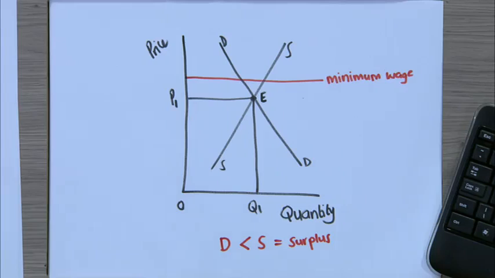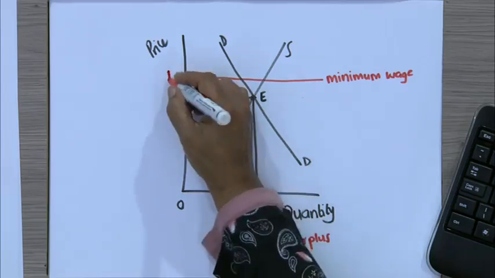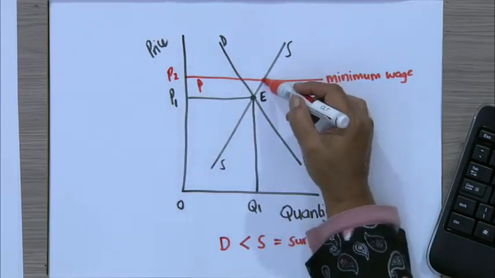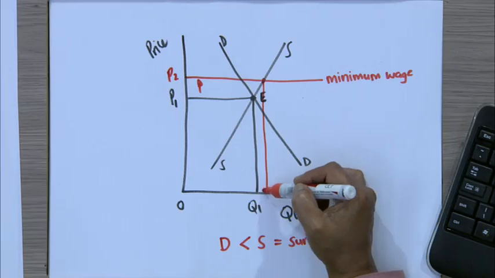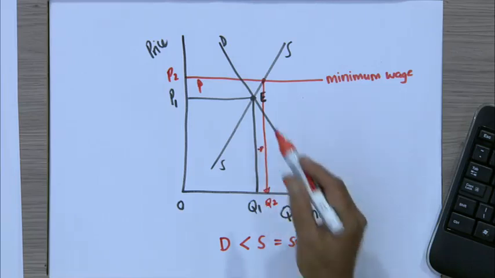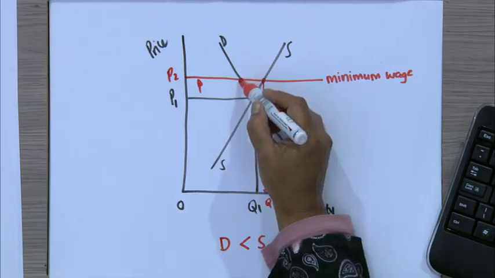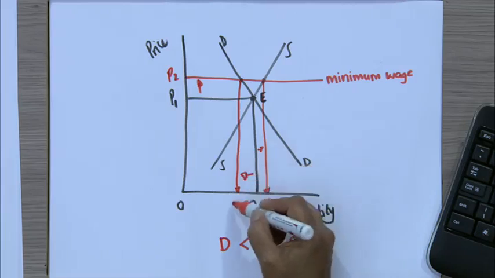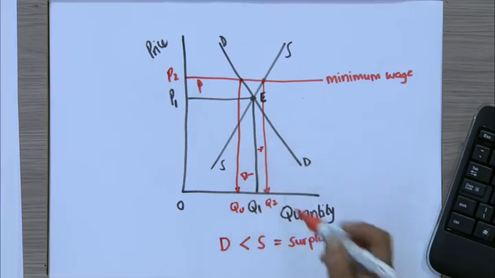Because what's happening now is that there are more people who are willing to work, so there's a bigger supply of labor. So the supply of labor has increased to Q2, whereas the employers are saying, sorry, we cannot afford to employ any more people, so we're not taking on any more. So the demand for labor decreases to Q0.